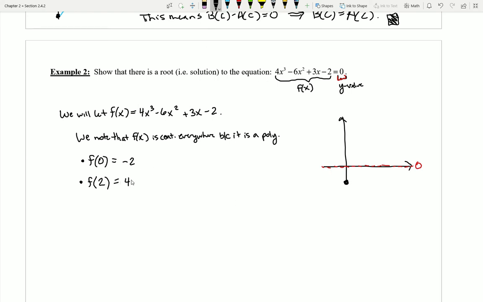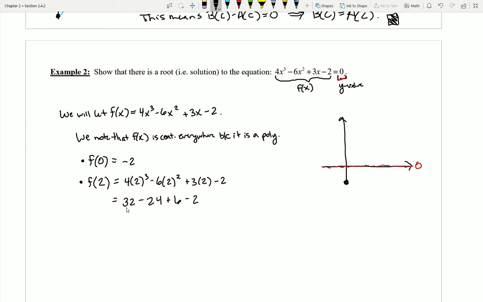Let's see, that's going to be 4 times 2 to the third minus 6 times 2 squared plus 3 times 2 minus 2. So let's see, 4 times 8 is 32. 6 times 4, that's 24, plus 6 minus 2.